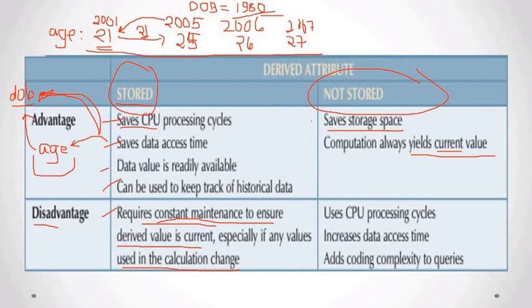Okay? So there are only two advantages of not storing it. What are the disadvantages if you are not storing it? Well, it will use CPU cycle time, it will increase data access time, and it adds coding complexity to queries.